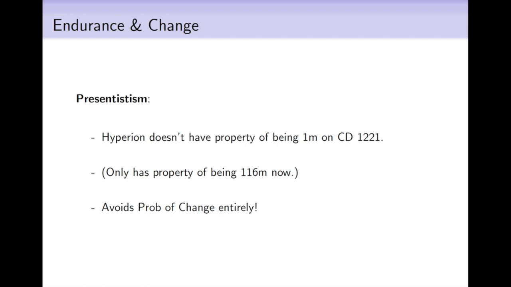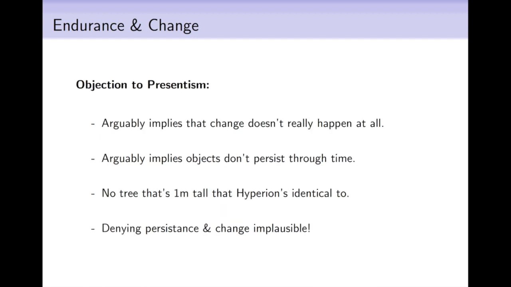Well, in a sense we reconcile it by denying that this 1 meter tall version even exists. So there's no problem with whether it's identical to the present version. It doesn't even exist, so there's not even a question about whether it's identical to the thing that does exist. So in a sense, presentism avoids the problem of change.